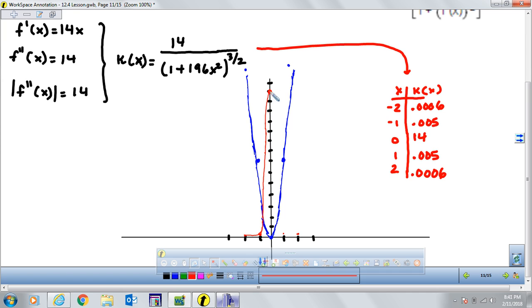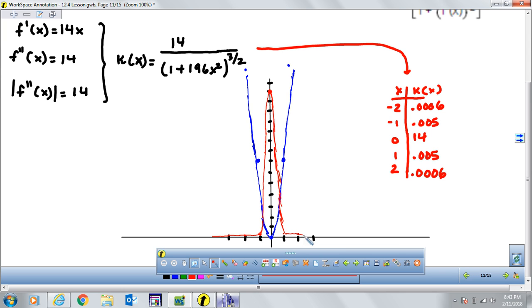So right here is where the graph is starting to curve more and more and more. So the curvature function is telling me that right here through the middle it is curving the most. So this is a function of the curvature. It's telling me how much the function is curving at any point along the curve. So as we get away from 0, the function is curving less and less and less.